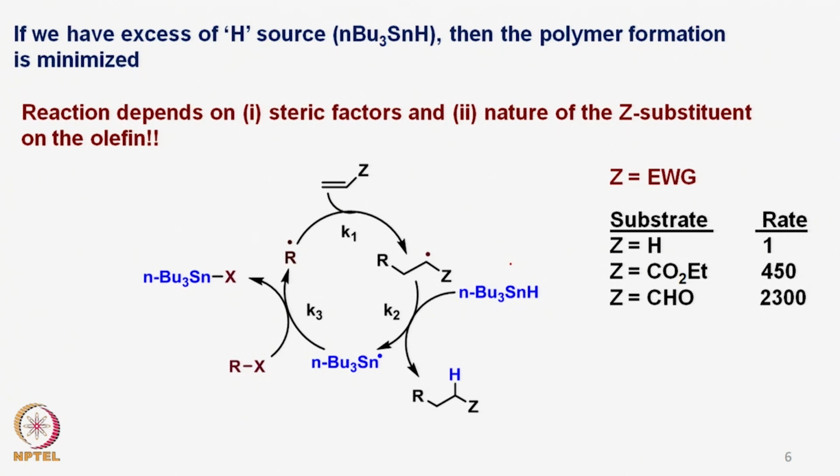As you can understand, if we have R, A and B dot formed, in order for this reaction to get arrested, we need to have tributyltin hydride in a sufficient quantity so that it reacts to form the corresponding terminated product after one CC bond is formed.